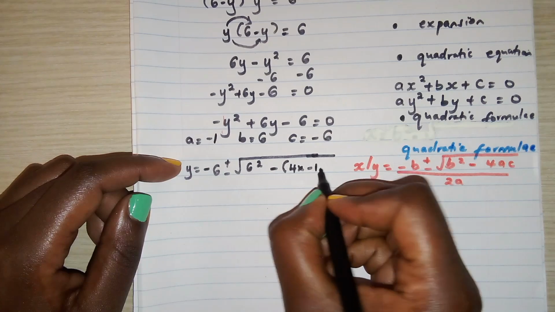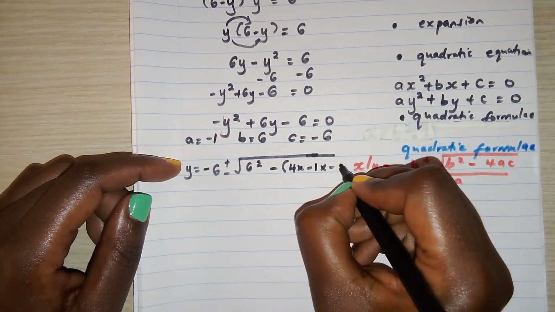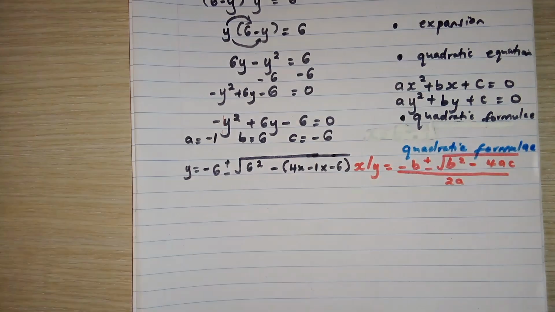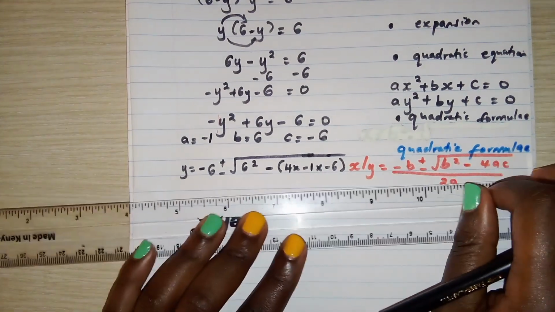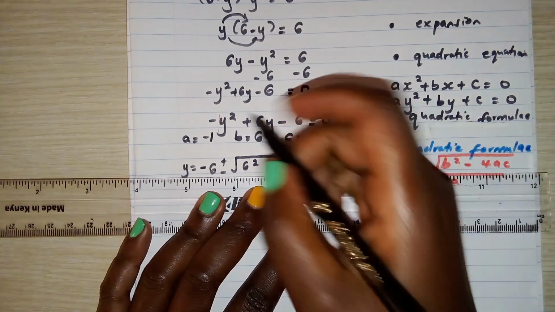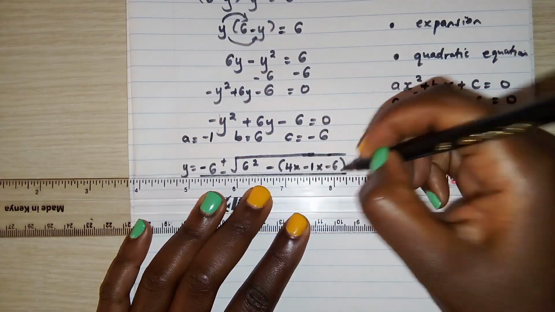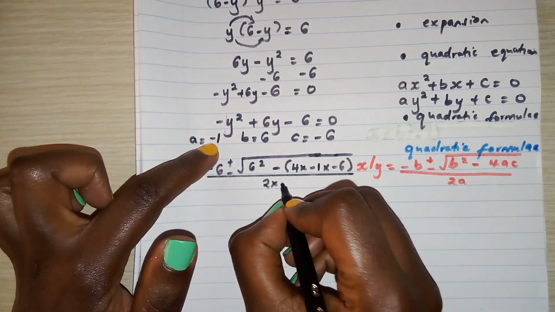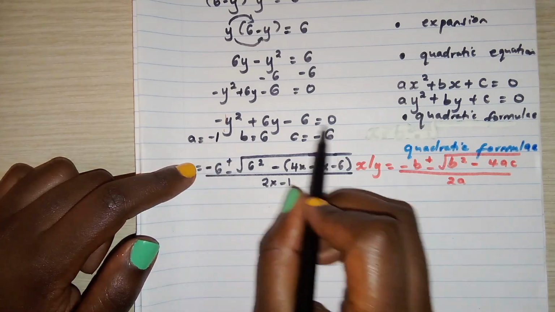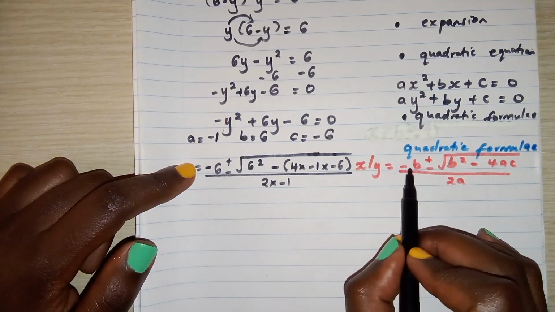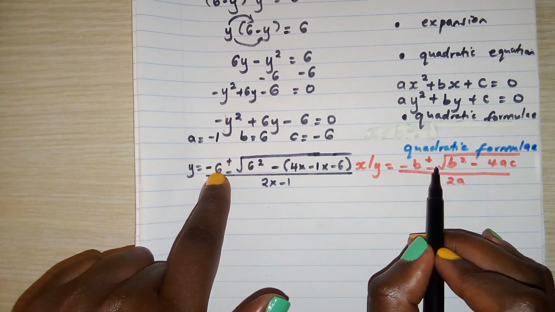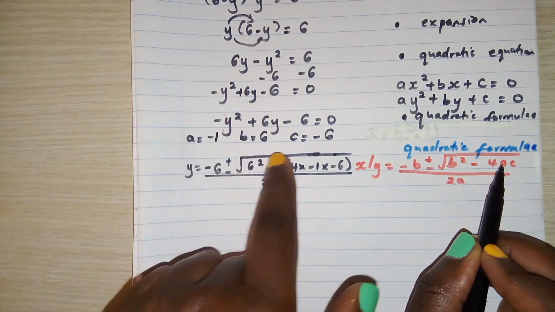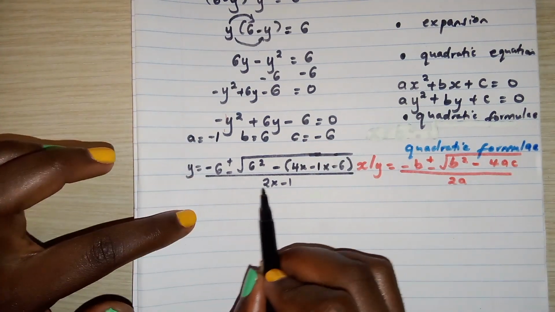A is negative 1, c is negative 6, and then you close the bracket, all over 2a. 2a is 2 times negative 1. So we have done substitution of these values in this formula: negative 6 plus or minus square root of 6 squared minus 4 times negative 1 times negative 6, all over 2 times negative 1.